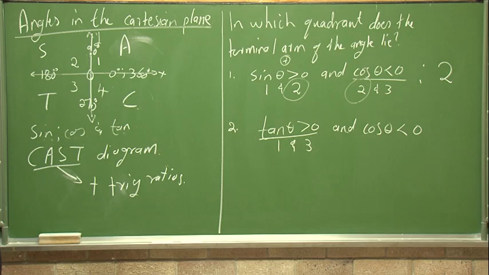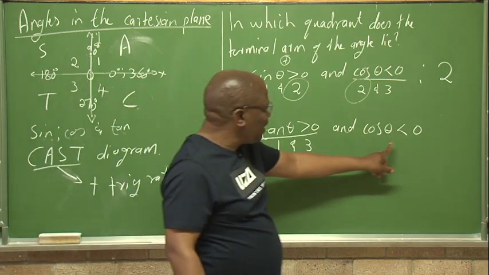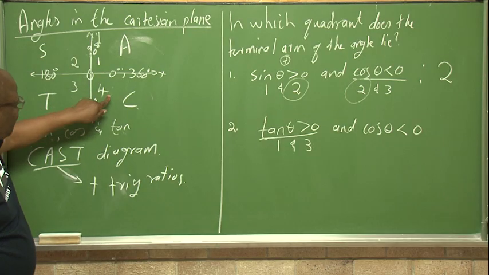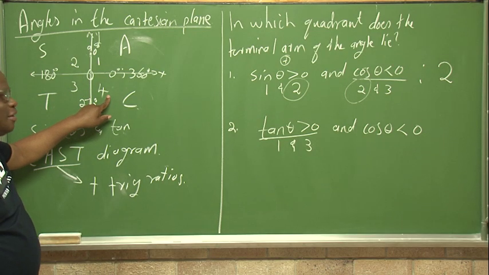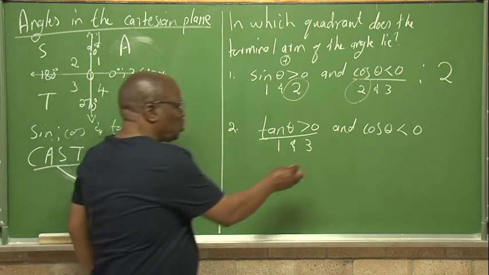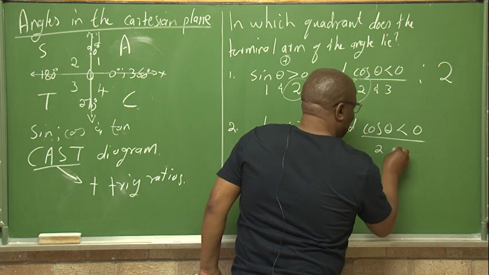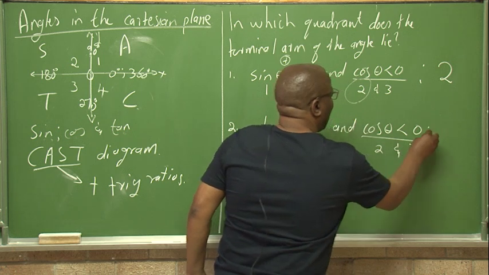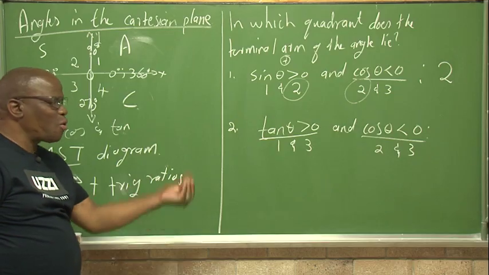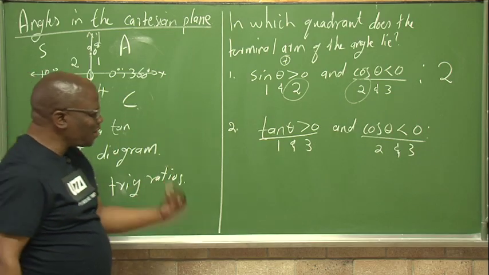Check the cos of theta. We say the cosine of theta is less than 0. Cos is negative. It means in the first and fourth, cos is positive. Therefore, cos will be negative in the second and third. So this one here will be second and third. Now, to come to a conclusion, look for a common quadrant. Which quadrant is common?